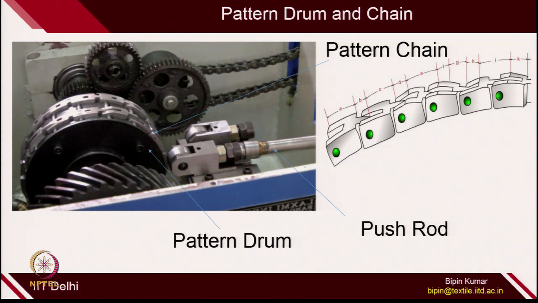These chain links are connected with the lapping plan of a warp knit structure. Depending on the lapping plan you have to pick different sizes of chain links and arrange them in a sequence. Because of that you get different elevations and depressions on the surface of this chain, and once the follower follows these depressions and elevations, the push rod is shifted either to the right or left, due to which sagging movement is given to the guide bar.